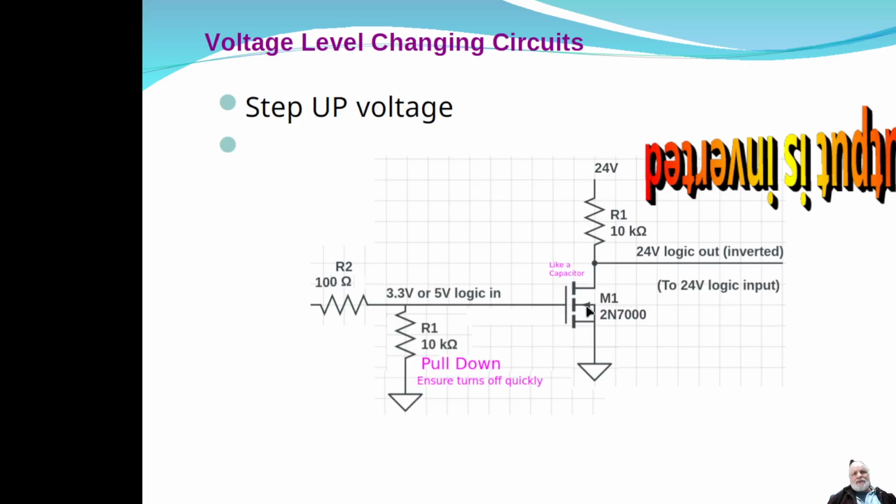But in this case, we're using this MOSFET, so the current at the input of the MOSFET is basically nothing. Now we could do this with a BJT, bipolar junction transistor. If you do that, again, you kind of have to watch the currents. You definitely would have to have a resistor here, usually at least 200 or 300 ohms, because remember, a BJT will have a drop of about 0.7 volts when it's on.